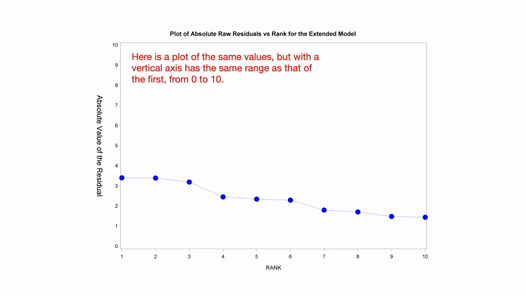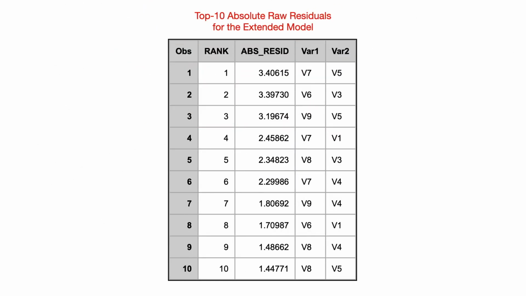Here's a plot of the same values, but with a vertical axis that has the same range as that of the first plot, which ranged from 0 to 10. Things look much better in relation to the first model from this perspective. And so here is a listing of the top 10 absolute raw residuals for the extended model, and you can see that these are much more comparable.